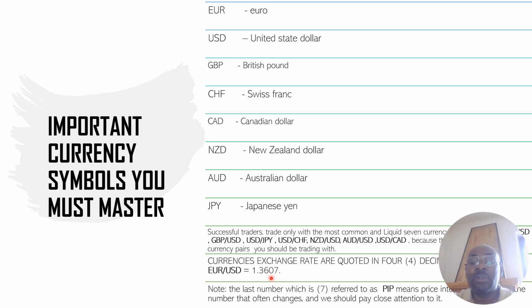This is just for training purposes. Now, the EUR/USD, for example, is 1.3607. Note the last number, which is 7, referred to as pip. This is what we call pips. Pip means price interest rate.